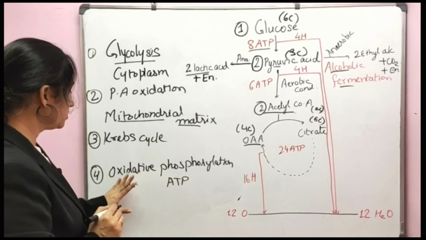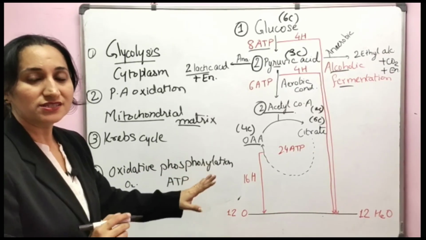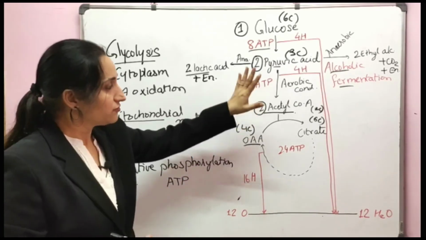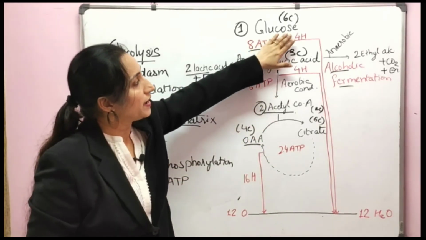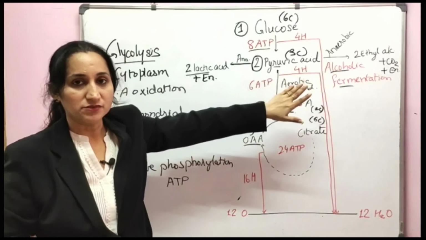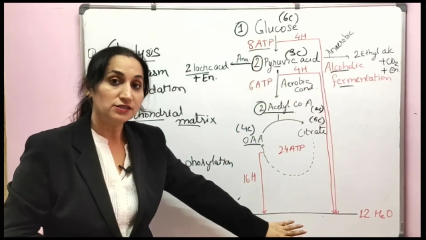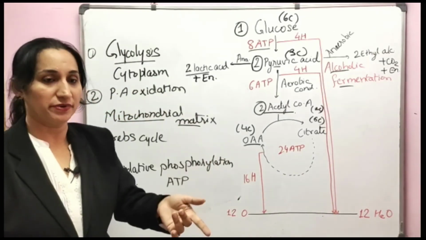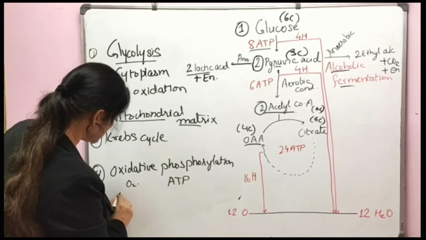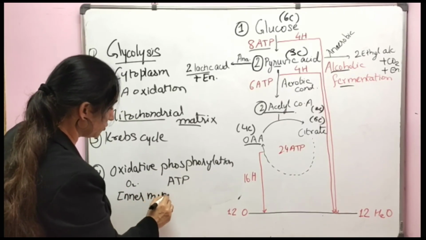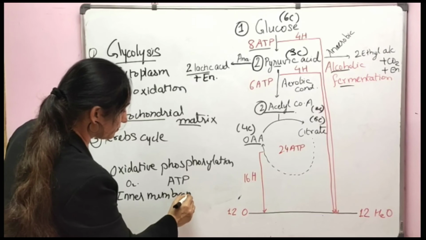So, this stage is known as oxidative phosphorylation, which is actually the electron transport system, electron transfer system. We have seen that many hydrogen atoms are being released to the mitochondrial inner membrane. So, this fourth stage occurs in the mitochondrial inner membrane.